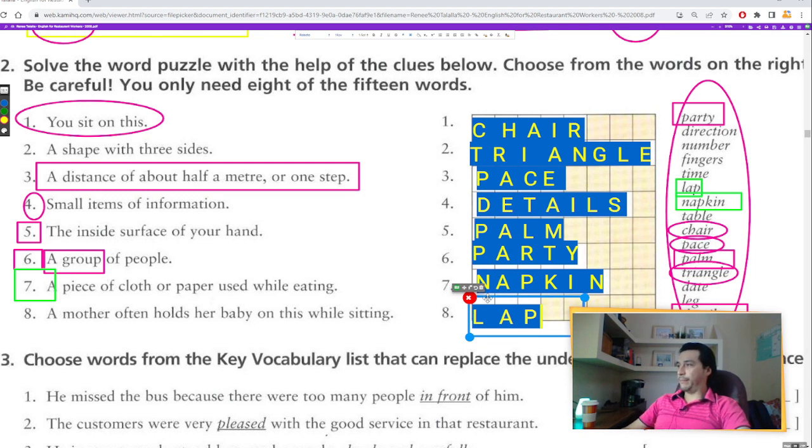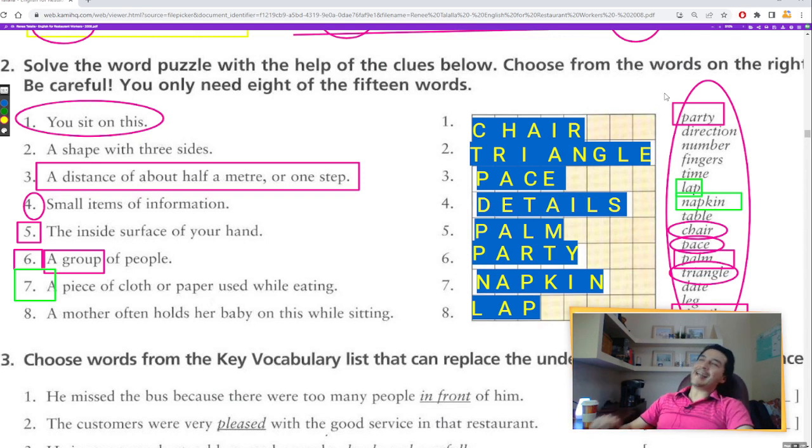Lap. Excellent, excellent. So that's it for the vocabulary exercise, the nouns. Good job, good job.